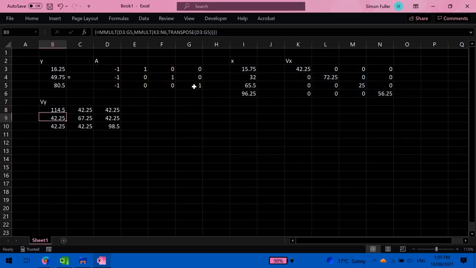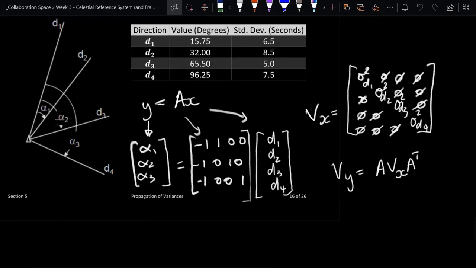Okay, so this variance covariance matrix consists of the variance of alpha 1, the first internal angle, the variance of alpha 2, which is our second internal angle, and the variance of alpha 3, our third one. But you'll also notice that these angles are correlated, and this makes perfect sense when we go back to the diagram. So obviously alpha 1 and alpha 2 are correlated because they share a common direction here.